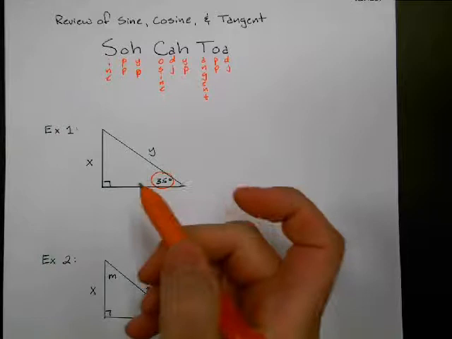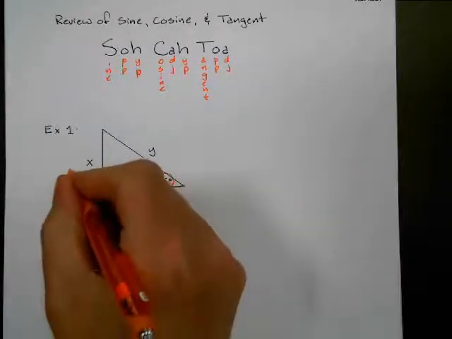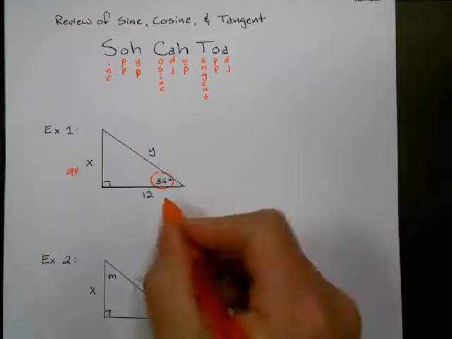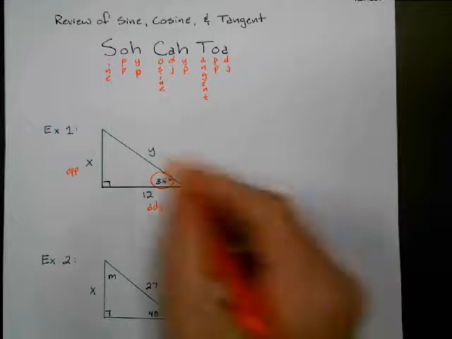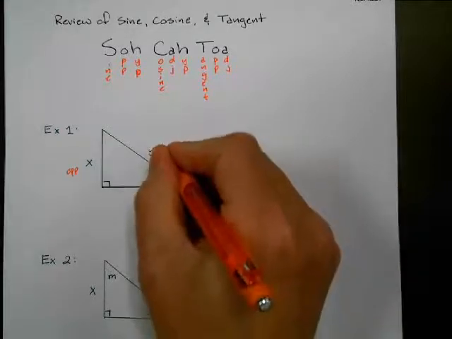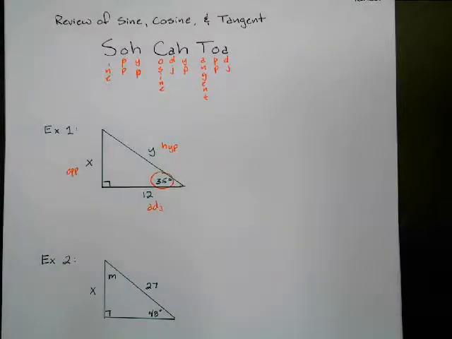Looking at the x, that would be the opposite leg. The 12 would be the adjacent leg. And the y would be the hypotenuse. Okay, so how do I decide, if I'm going to solve for x, which one of my trig ratios to use?